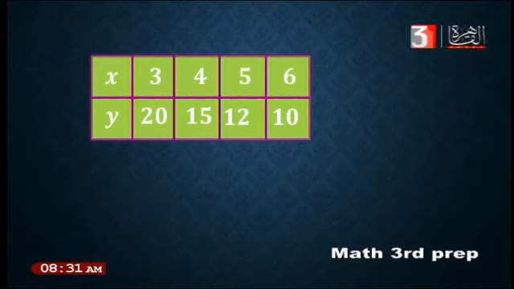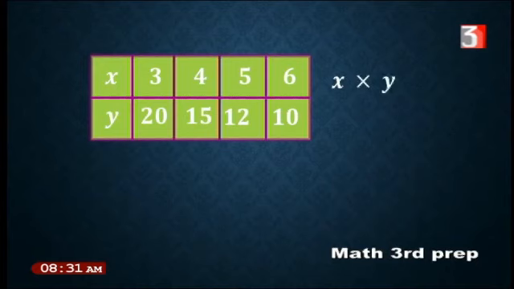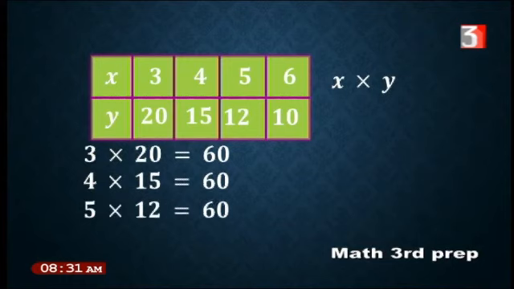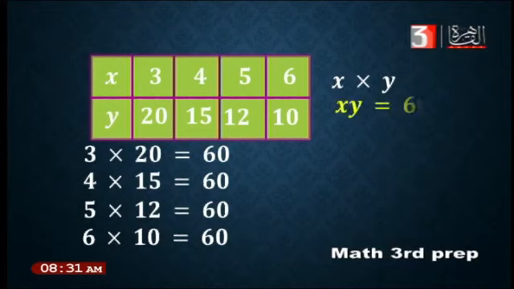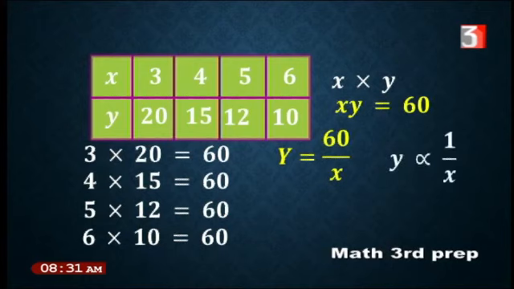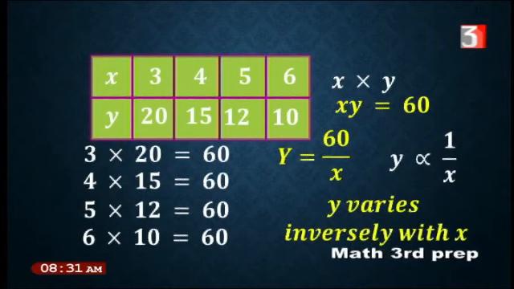You are going to notice that when you multiply x by y, 3 by 20 equals 60. 4 by 15 equals 60. 5 by 12 equals 60. 6 by 10 equals 60. So we can say that x times y is a constant number, and in this case, xy equals 60. Then y equals 60 over x. And in this case, we can say that y varies inversely with x, and this variation is inverse variation.